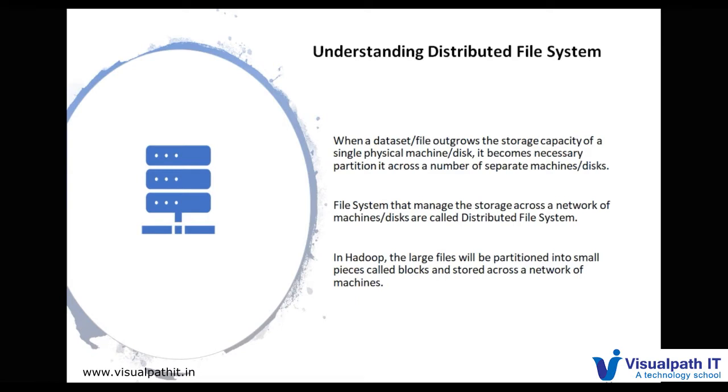A file system that manages the storage across the network of machine disks is called a distributed file system. In Hadoop, the large files will be partitioned into small pieces called blocks and stored across a network of machines. So that is what a distributed file system is. Let us move to the next slide.